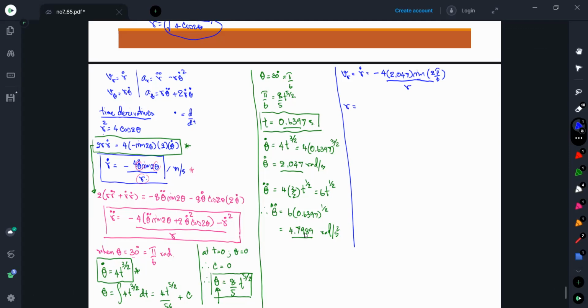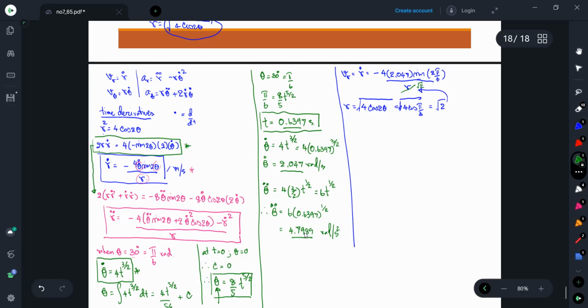We know that r is equal to square root of 4 cosine 2 theta, right? For this case, it becomes root of 4 cosine pi over 3, that becomes 2. So then we substitute back: r is equal to square root 2. Then we get VR becomes minus 5.014 meter per second.